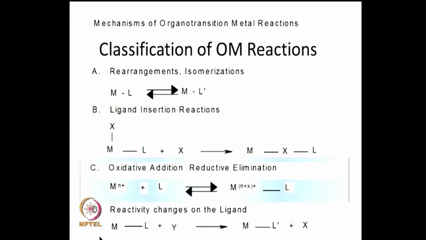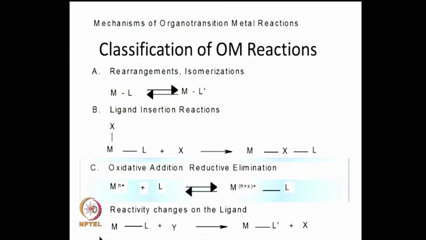The important thing to remember is that in oxidative addition, we have a change in the oxidation state of the metal, and invariably the formation of a new metal ligand bond, which results in an expansion of the coordination sphere of the metal.